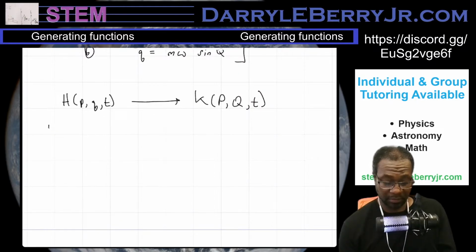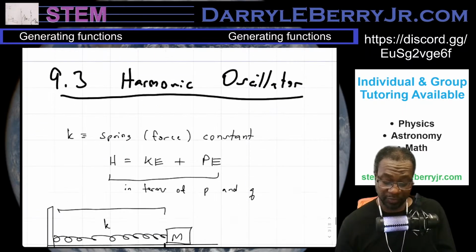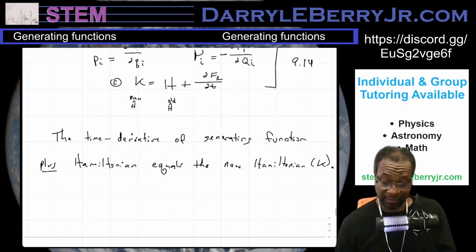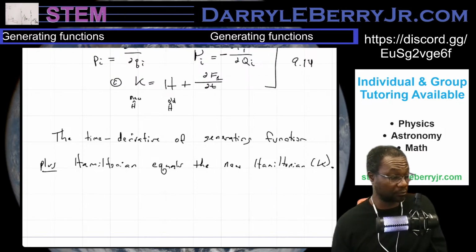We saw earlier that K is H plus the partial time derivative of the generating function.